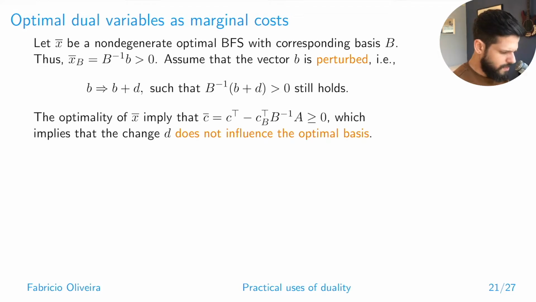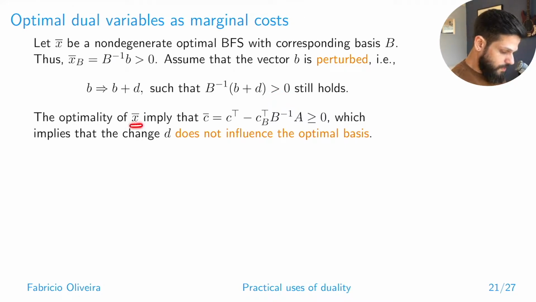Actually, you can think of this as the vector b, but when we actually do this and we want to look at individual values, we'll individualize. But for the sake of what we're developing here, just to show you, suppose we apply this variation, and that will mean that our value B inverse b gets changed like this, but we want to make this small enough so this still holds, okay?